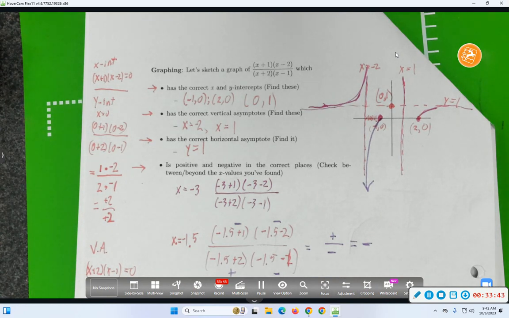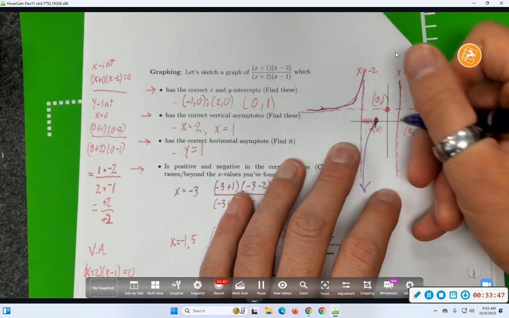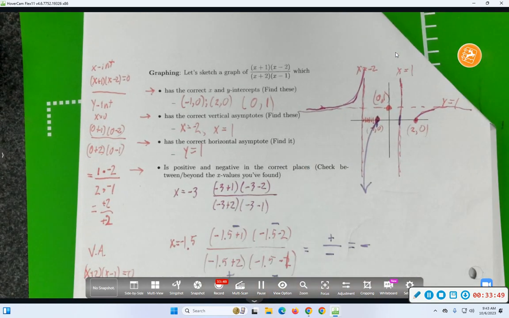That feel good? All right, the next region is between negative 1 and positive 1. Have we already checked a sample point in that range? Yeah, we know the y-intercept, right? You get the y-intercept by plugging in a sample point, a very specific one. So you know this thing's going to be positive.